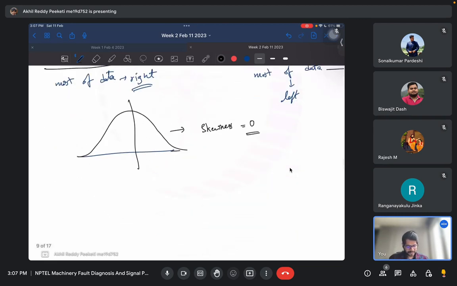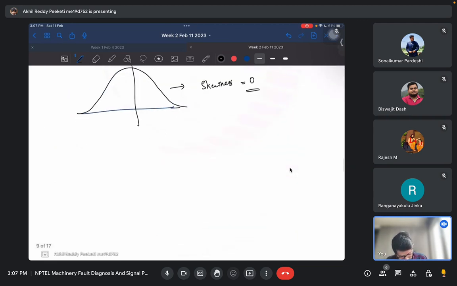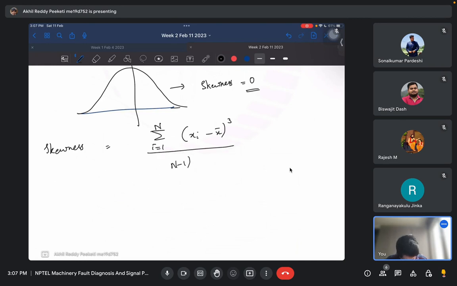And the way to estimate the skewness, if you have a data set, is the following form. This is the formula to estimate the skewness for a given graph.